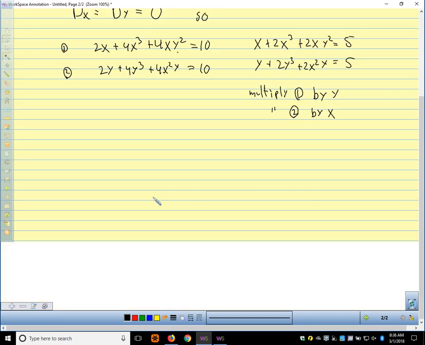When I do that, I get xy plus 2x to the third y plus 2xy to the third equals 5y. And when I multiply the second one, I get xy, oh, that looks nice, plus 2xy to the third plus 2x to the third y equals 5x.